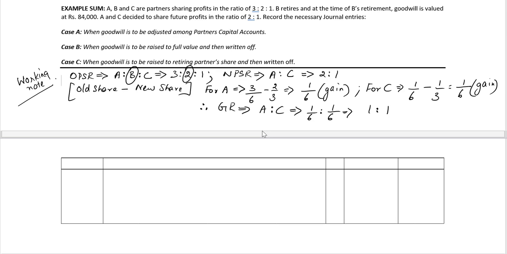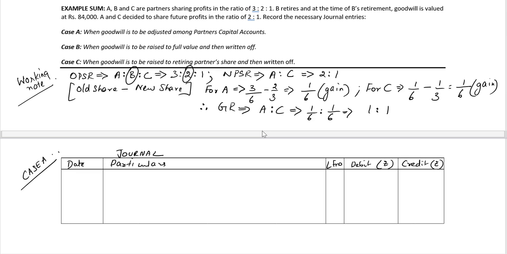So let's do each of the cases one by one. We'll begin with case A, where goodwill is to be adjusted through partners' capital accounts. Journal, date, particulars, LF number, debit rupees and credit rupees.